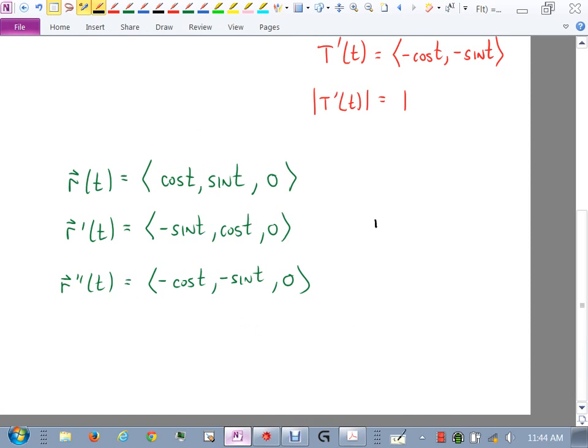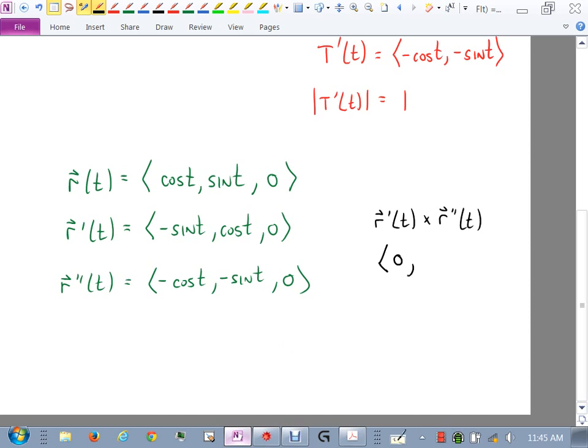If I take r prime and cross it with the second derivative there, is it all right if I do the cross right here? I did it right here for a reason. We cover up the i components and we do this, right? So what do we get? 0, right? So this cross product so far is 0.